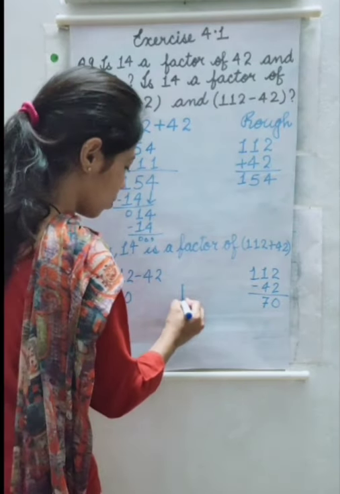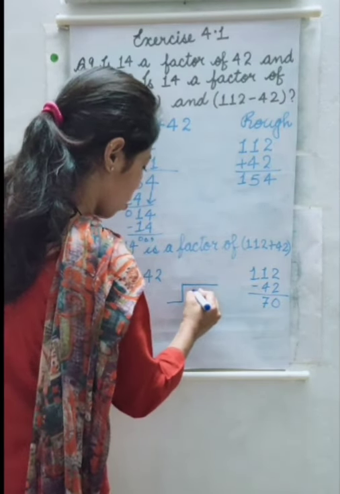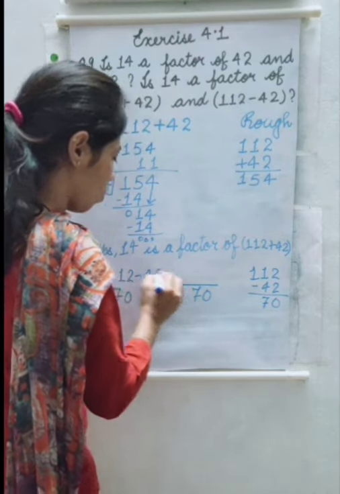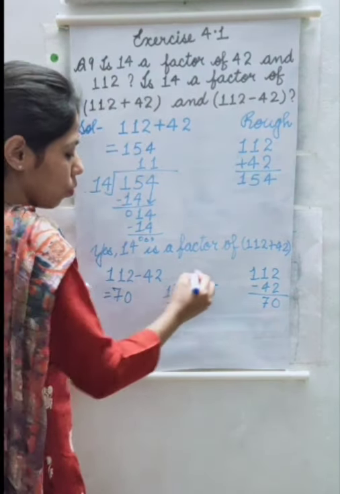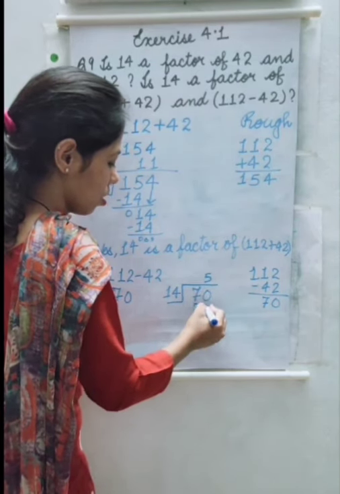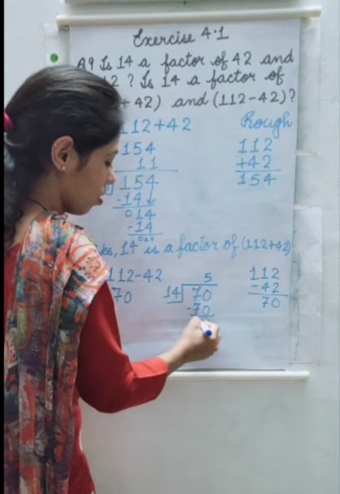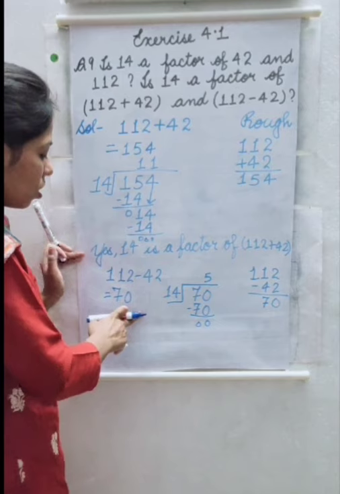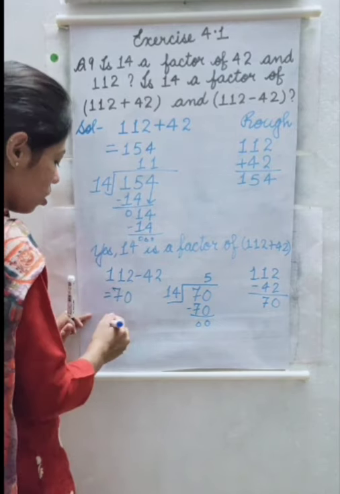Now, here there is not enough space, so I am doing it here: 70 divided by 14. So 14 fives are 70. So we can say yes, 14 is a factor of 112 minus 42.